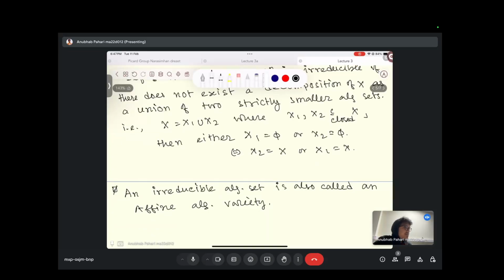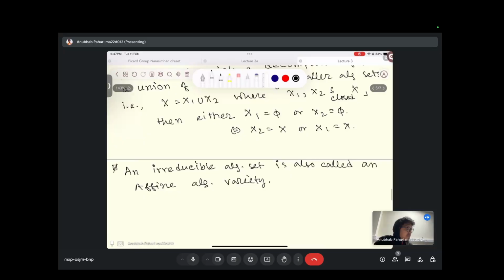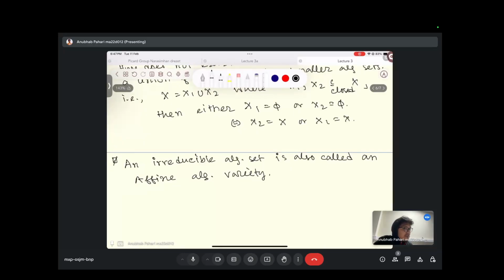Actually later you will see that a variety means many more things about these algebraic sets, but for now irreducible is fine for classical geometry. In scheme theoretic geometry a variety means it should be irreducible, reduced, finite type.